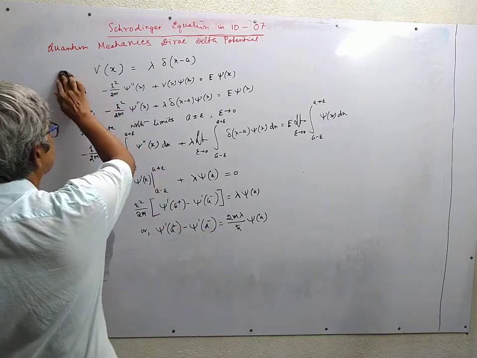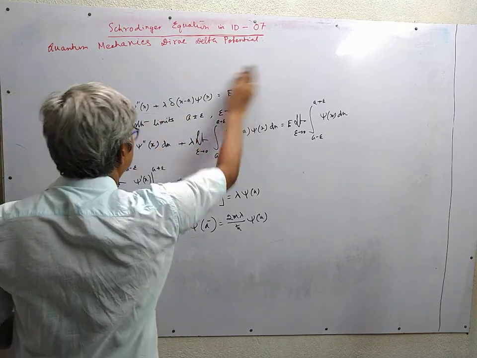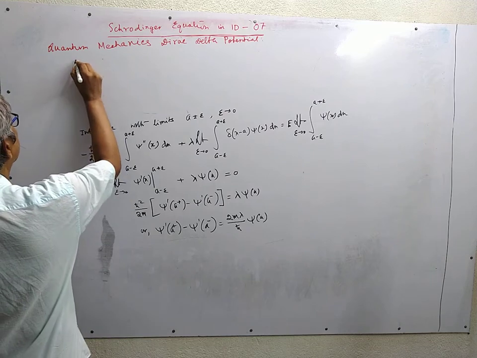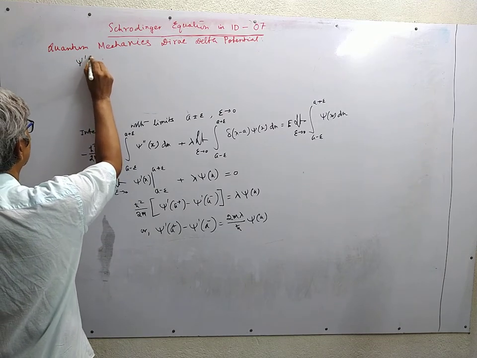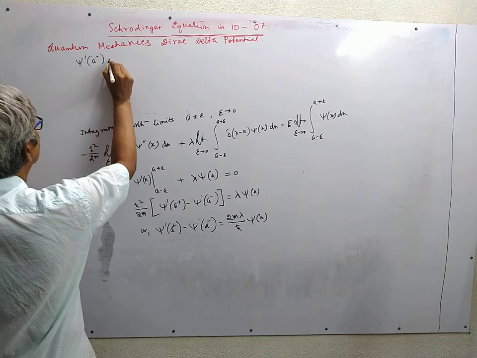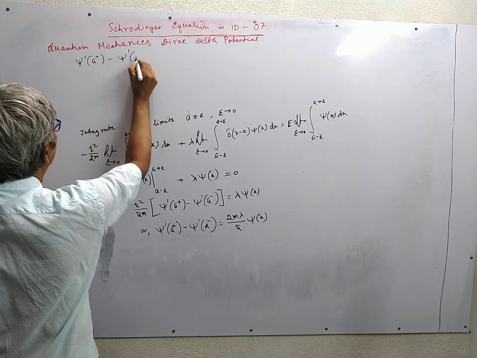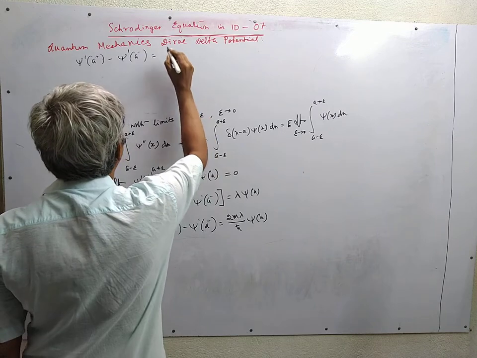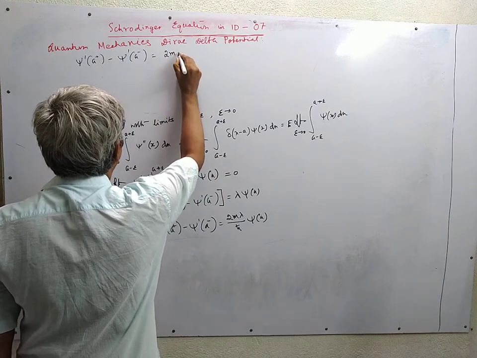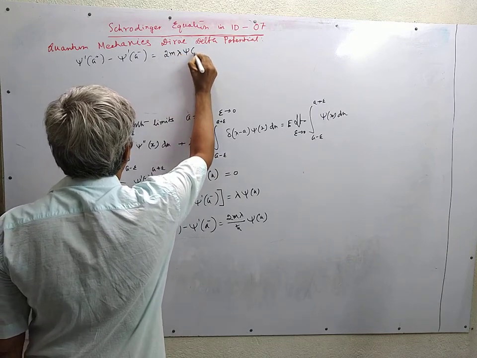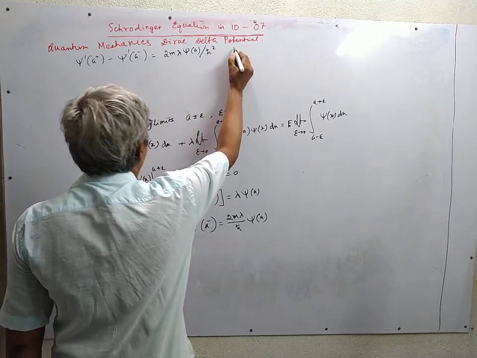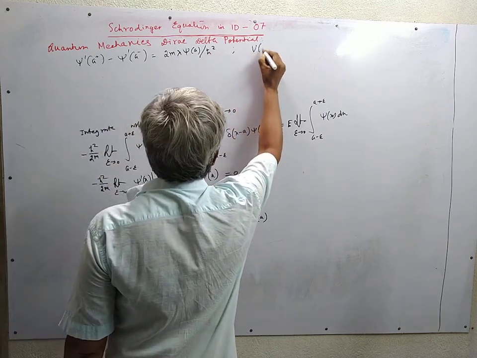So the discontinuity in potential is this, and we shall require it in the subsequent calculation, where the potential is this.